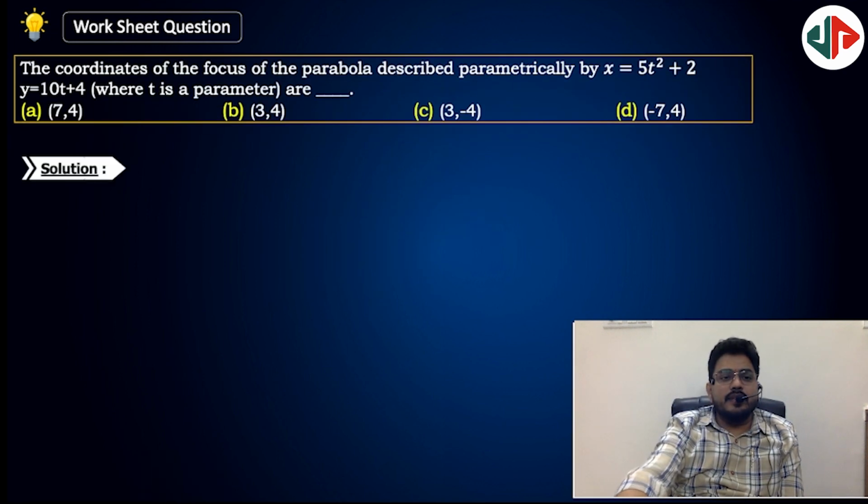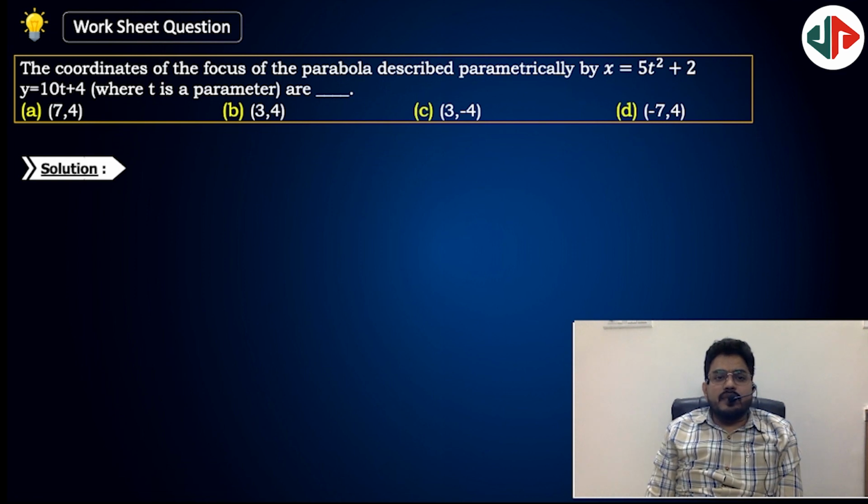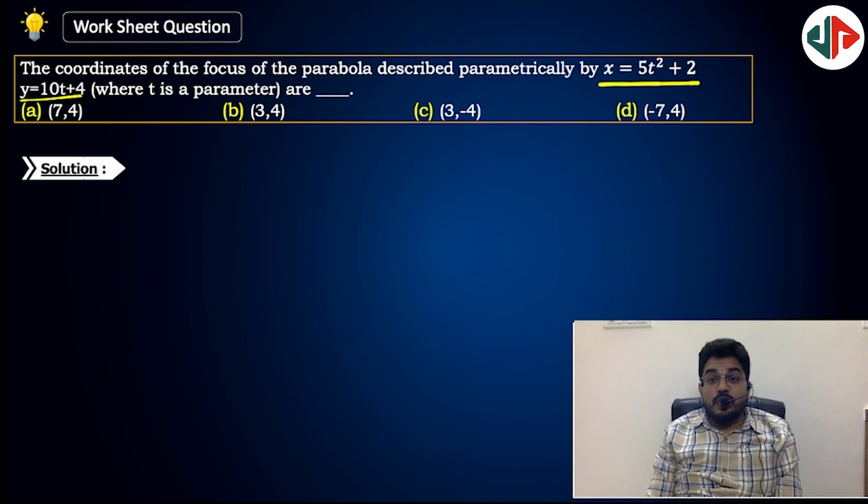Next question: find the coordinates of the focus of the parabola described parametrically. You need to find out what this is. (x - 2)^2 / 5 is equal to t^2, and this is t^2 as well. (y - 4) / 10, whole squared.